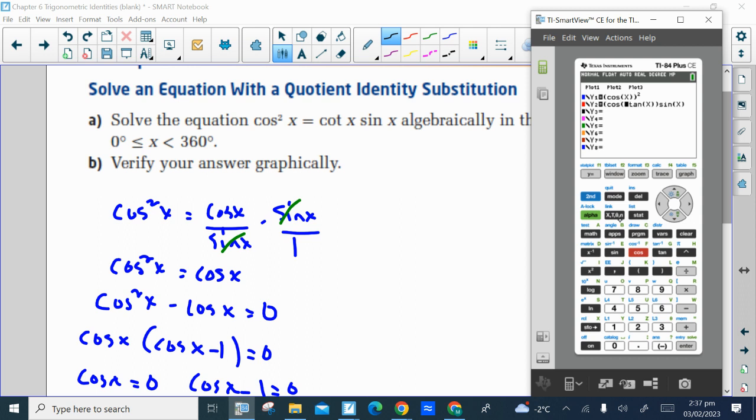So if we did cos x divided by sine x times sine x, and now we graph it, and we go into the trace.